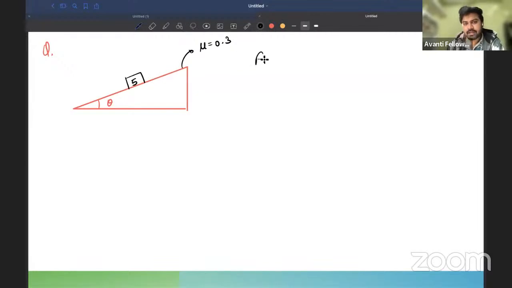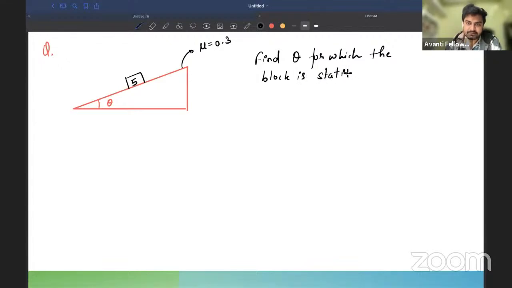So you have to find, question is find theta for which the block is stationary. ब्लॉक रुका हुआ है.